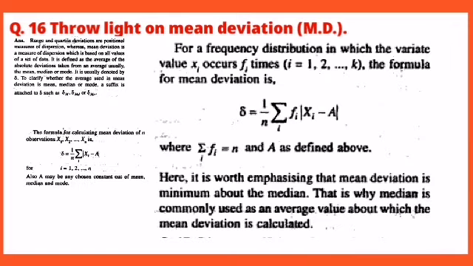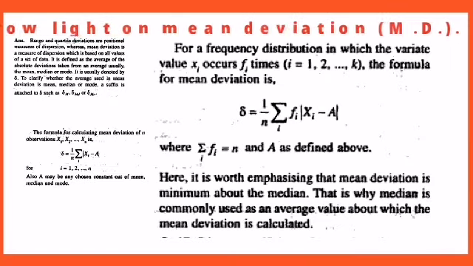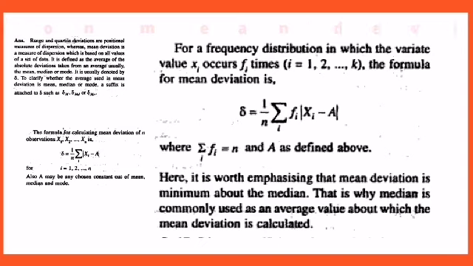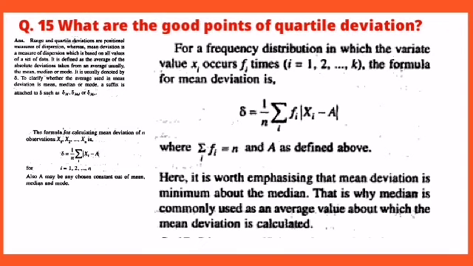For a frequency distribution in which the variate value xi occurs fi times, i equals 1, 2, up to k, the formula for mean deviation is sigma equals 1 divided by n sum of fi, absolute of xi minus a, where sum of fi equals n and a, as defined above.